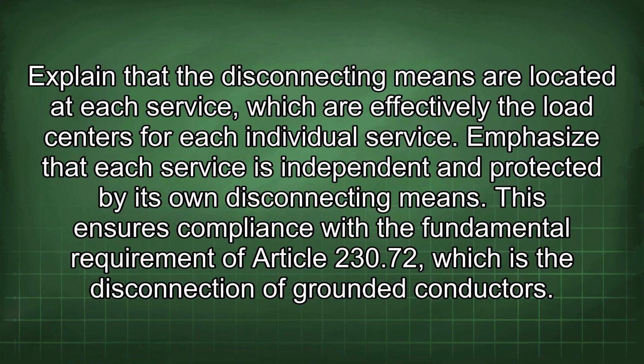Explain that the disconnecting means are located at each service, which are effectively the load centers for each individual service. Emphasize that each service is independent and protected by its own disconnecting means. This ensures compliance with the fundamental requirement of Article 230.72, which is the disconnection of grounded conductors.